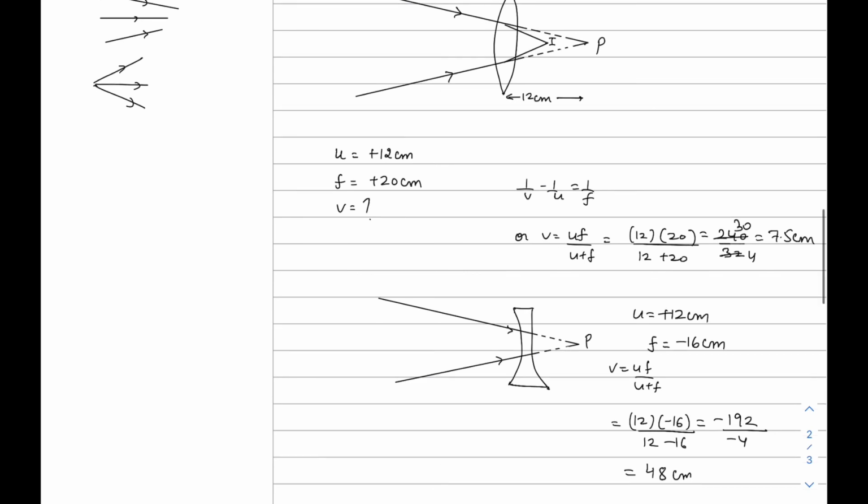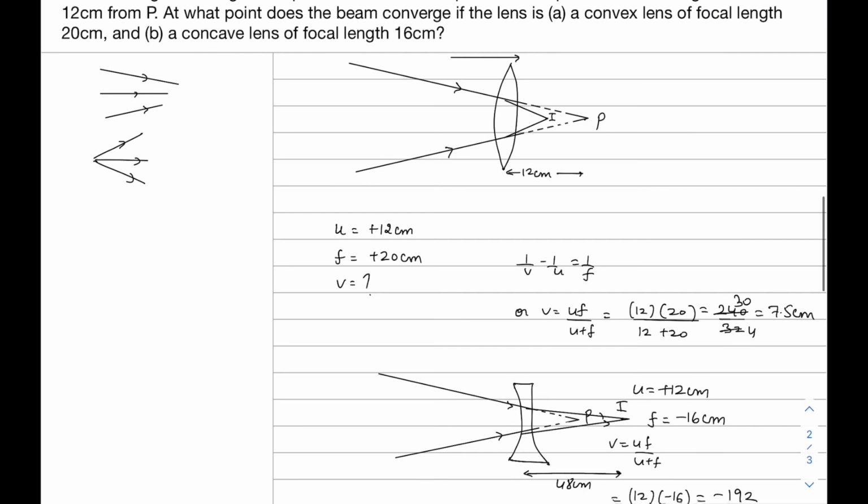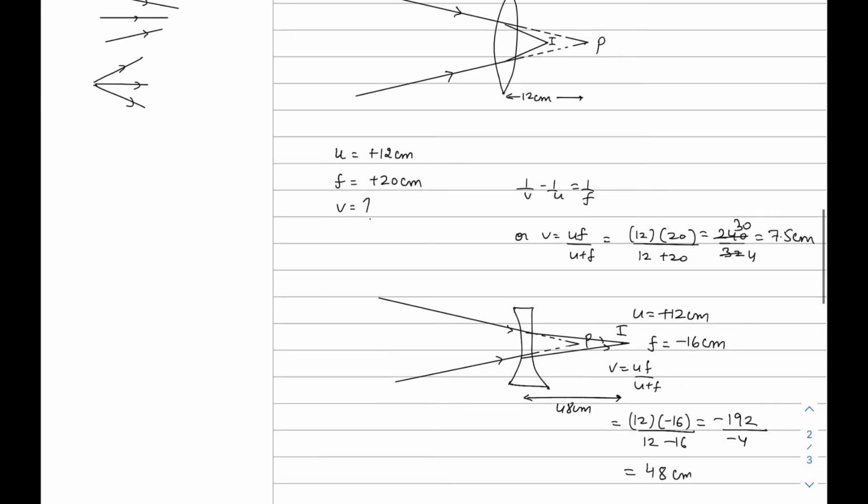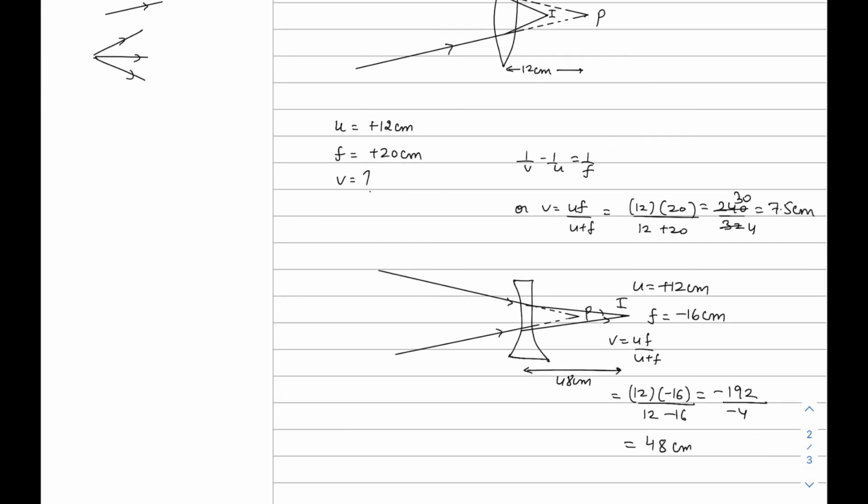That means definitely it would be more diverging from here. It will be somewhere here like this. This would be the image formation now at 48 centimeters from this lens. So these are the two parts. The first part answer is 7.5 centimeters, and for the second one it is 48 centimeters.